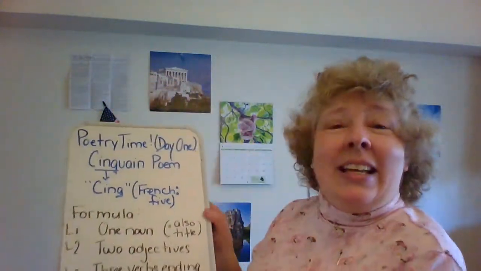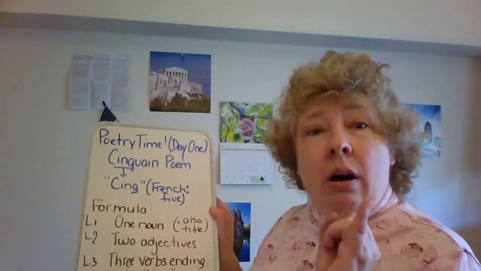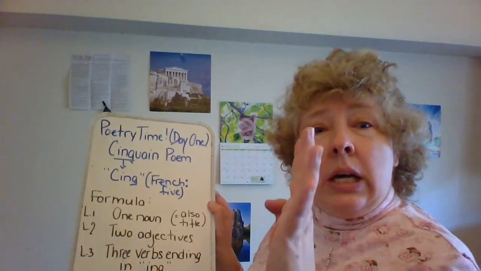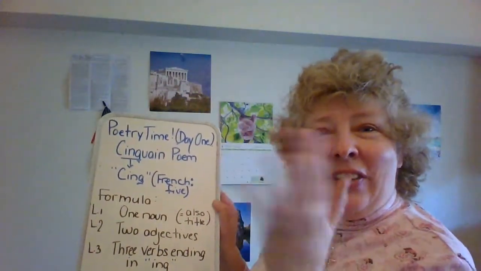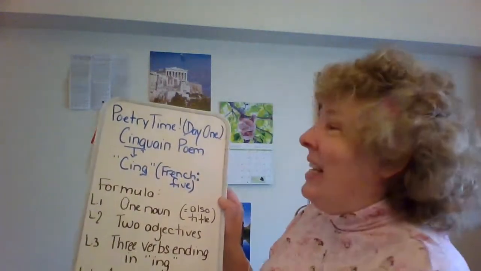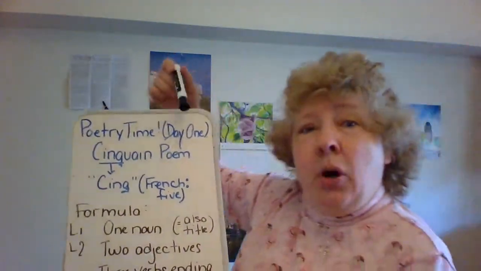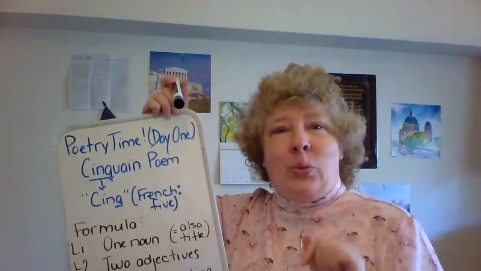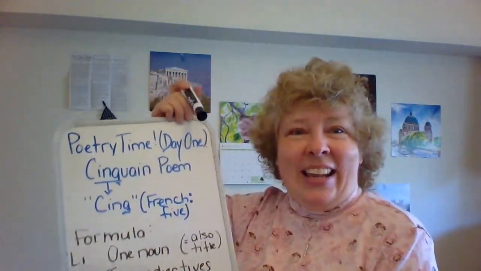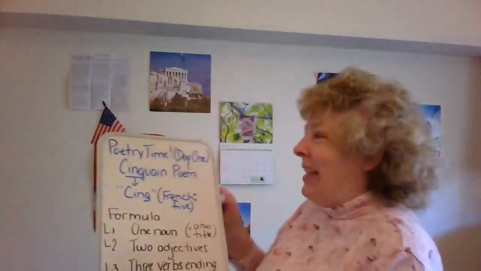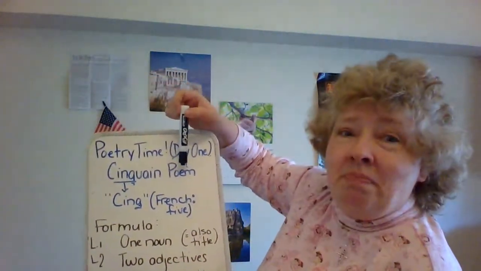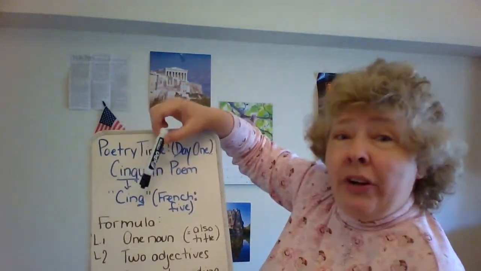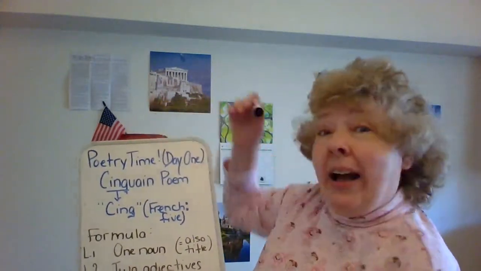So you can think in French: 1, 2, 3, 4, 5. So this poem consists of 5 lines only. Isn't that great? Yeah, you're excited, aren't you? Yes, I knew you would be. So again, Cinquain poem, coming from the French, cinq, for 5.